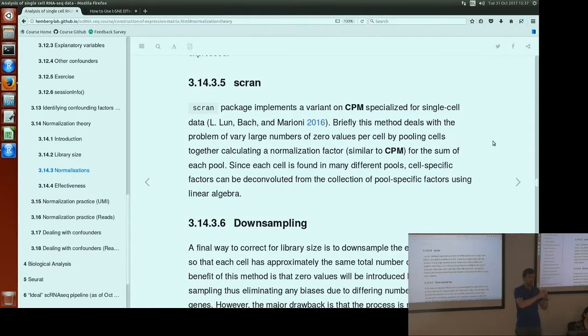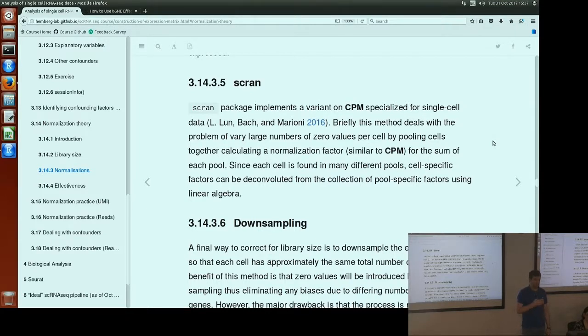And then by progressively pooling with different cells in different pools, they build up a system of linear equations that can be solved to give a size factor for each individual cell. So that's glossing over a lot of details, but the gist of it is that we can get a size factor for each individual cell that's computed in a way that is robust to the large number of zeros present in any given cell.